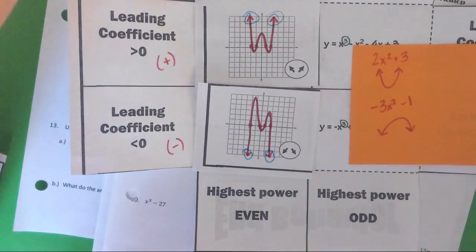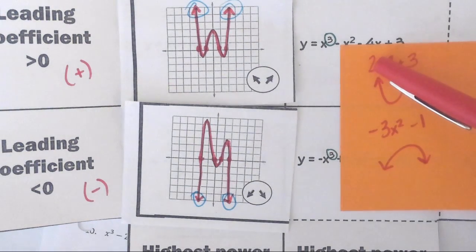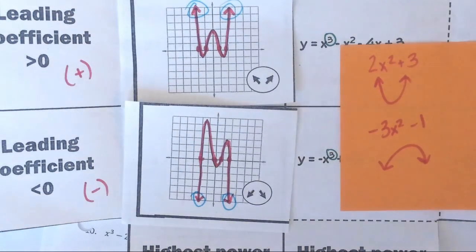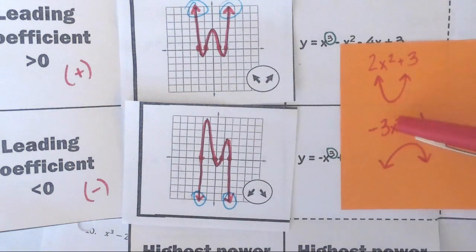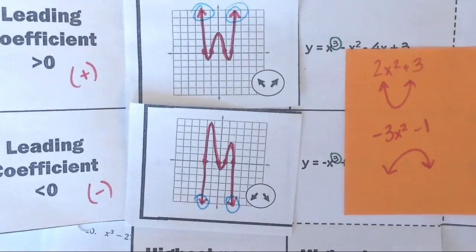And yeah, you and I learned it as happy and sad, but still the end behavior matches. It was an even degree, positive number in front, both ends went up. It was an even degree, negative number out front, so both ends went down. Are there any questions about that?